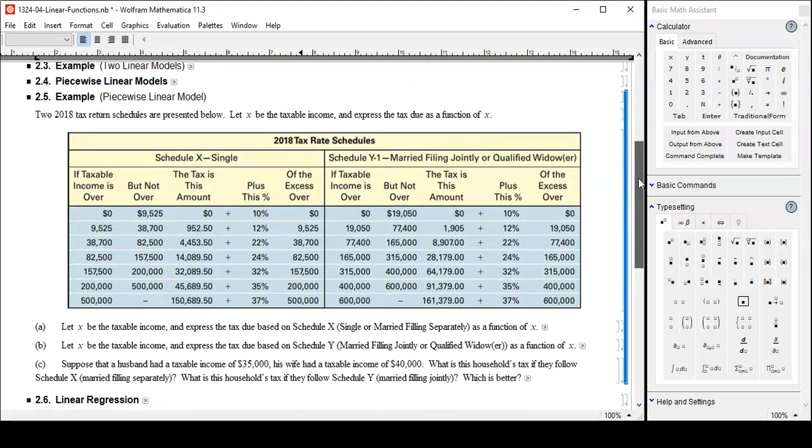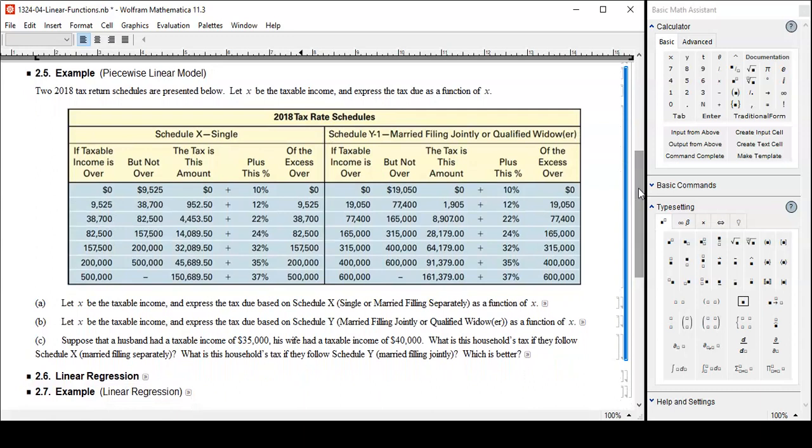How about some real problem here? Okay, here we go. Two 2018 tax return schedules are presented as below. Let x be the taxable income and express the tax due as a function of x.